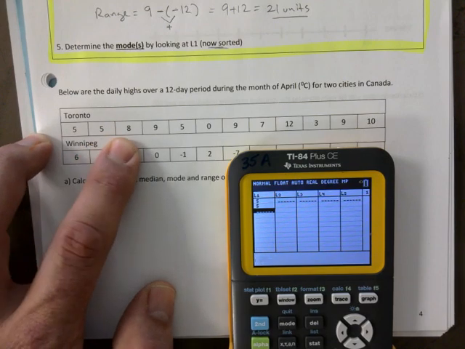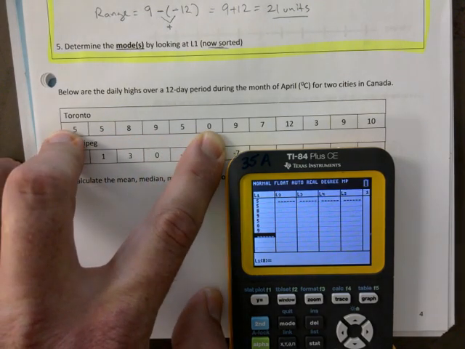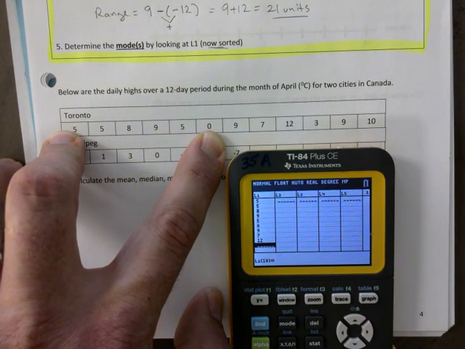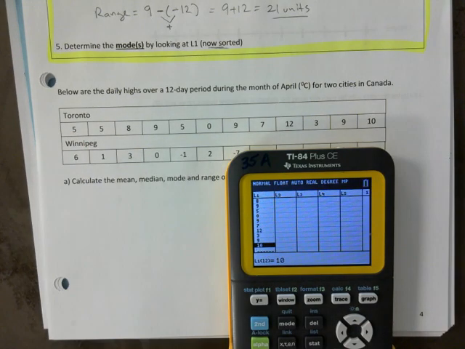5, enter, 5, enter, 8, enter, 9. And can I just say something here? You guys are like pros at texting, super fast.